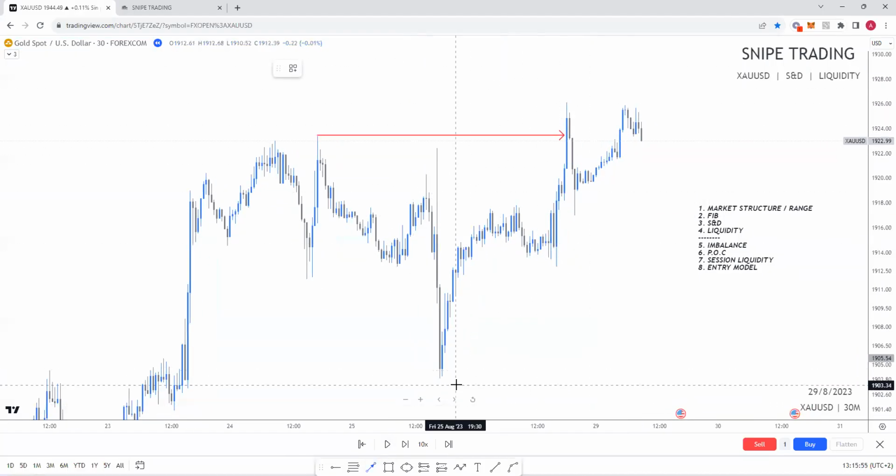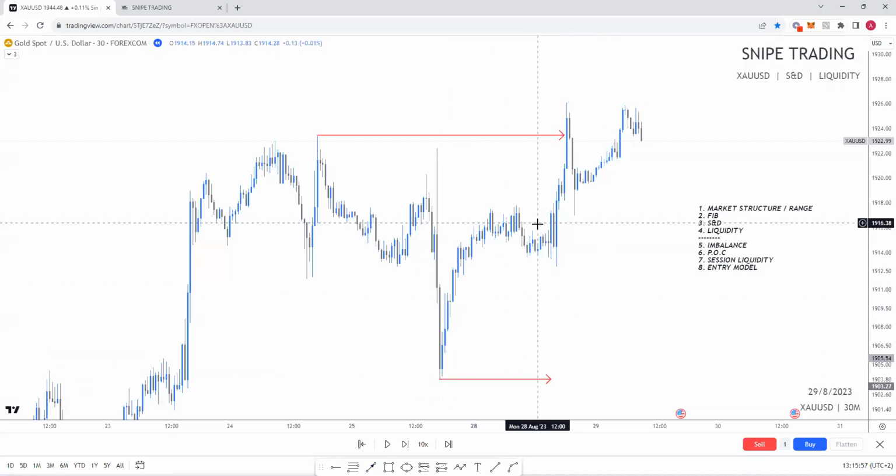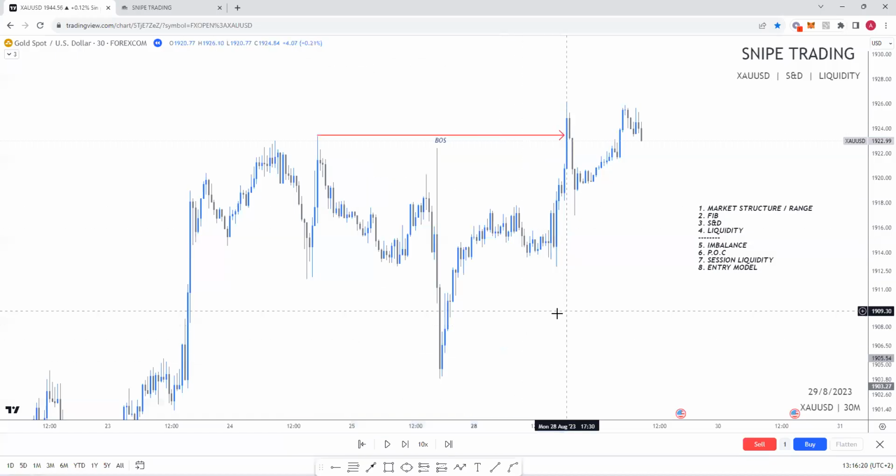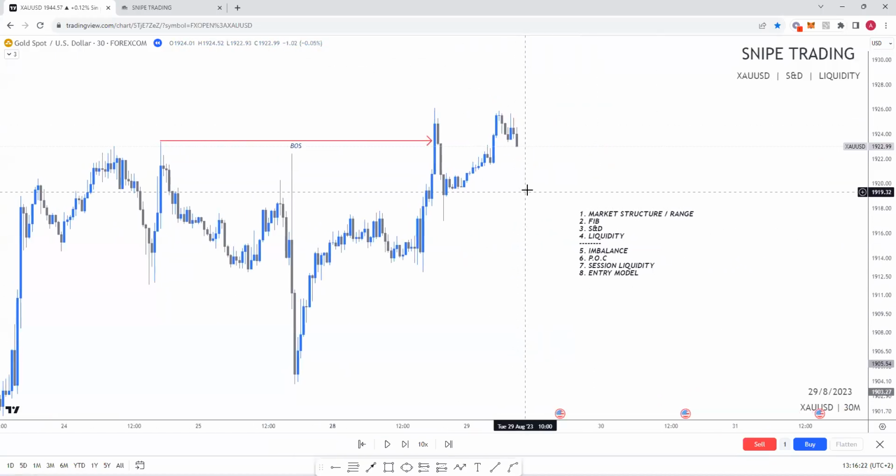Created that high, created this low. As you can see, price broke the high, didn't break the low. During last day's New York session, it broke this high, so we are pretty bullish market structure wise, so we are looking for buys.